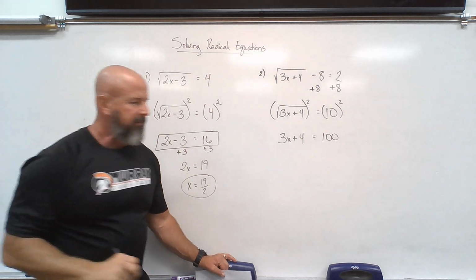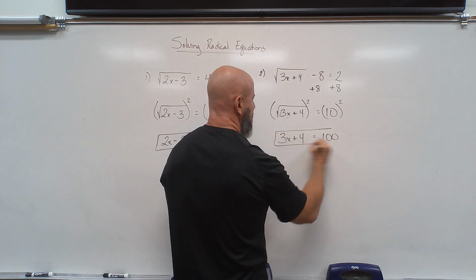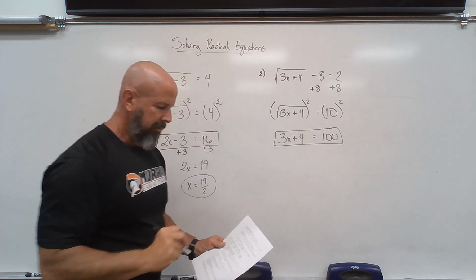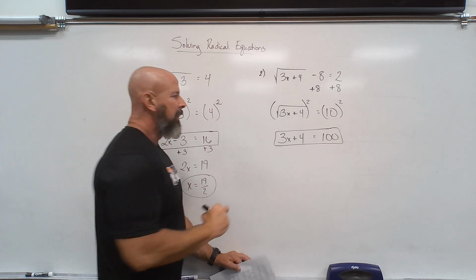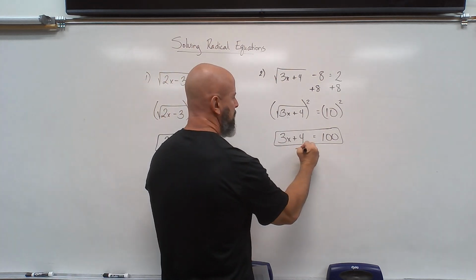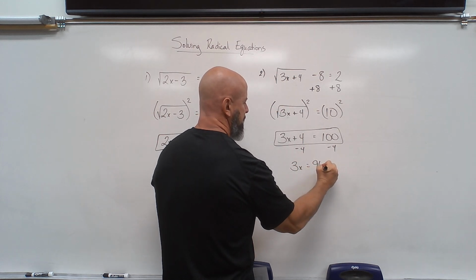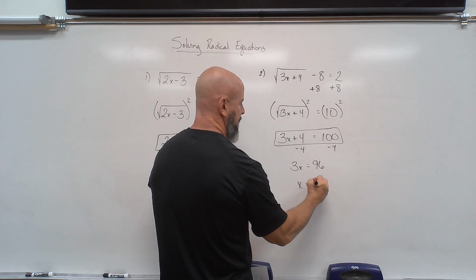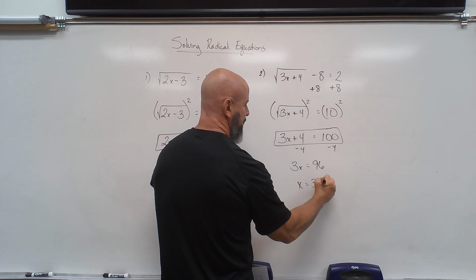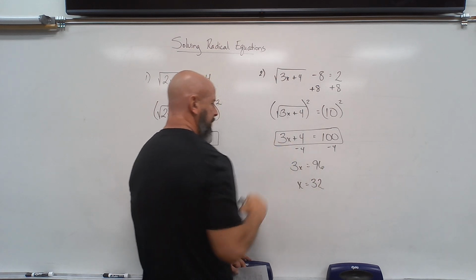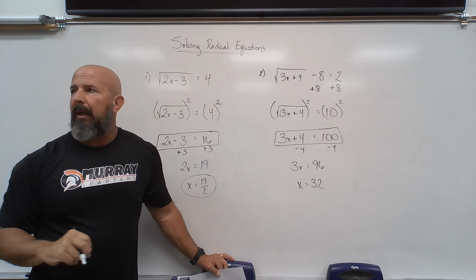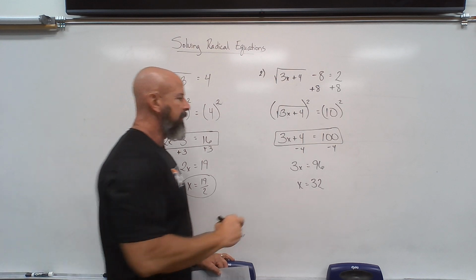And now I've got, again, an equation I have seen before. So I can subtract my 4. 3x then is 96. Divide by 3, and that'll give me 32. So 3 does go into 96 32 times, so that would give me a value of 32 there.